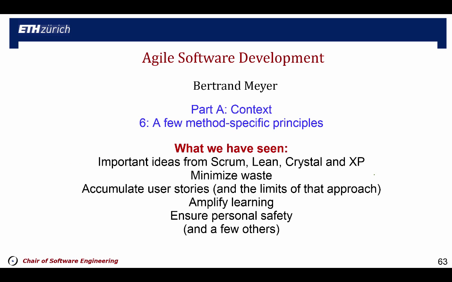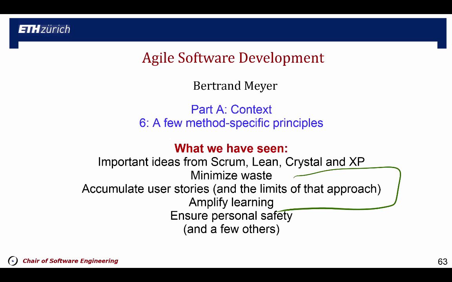What we've seen in this segment is a set of important ideas from all four example methods of this course: Scrum, Lean, Crystal, and Extreme Programming. And some of them are minimize waste and maximize learning. The two go together. Accumulate user stories, again as a mechanism for requirements gathering, and we've seen the really strict limits of that approach, which is highly subject to criticism.